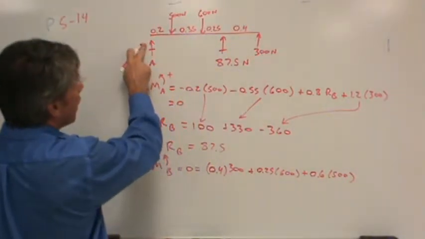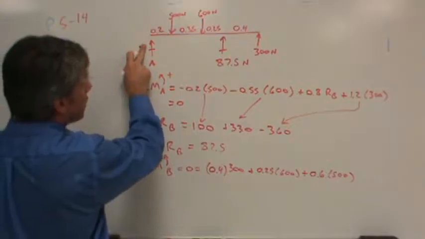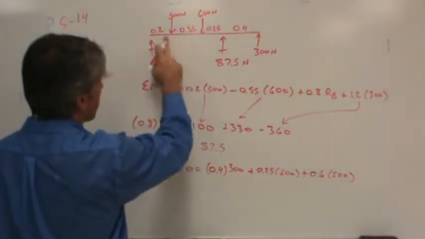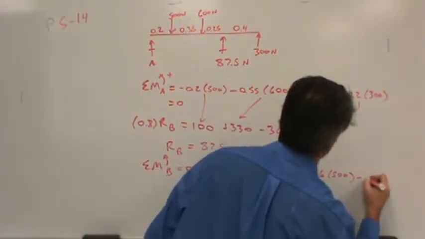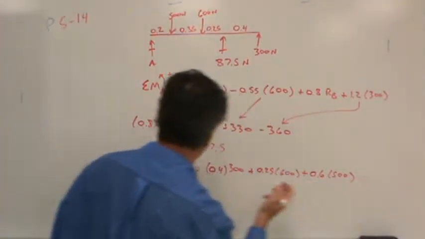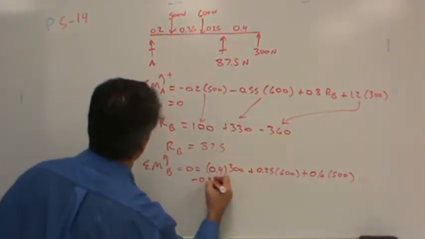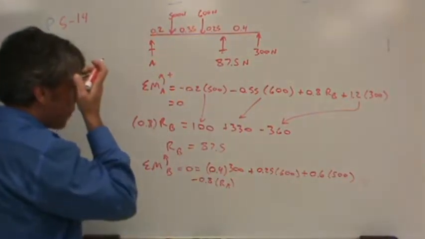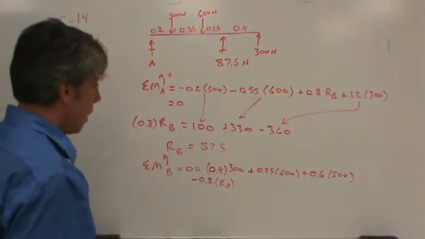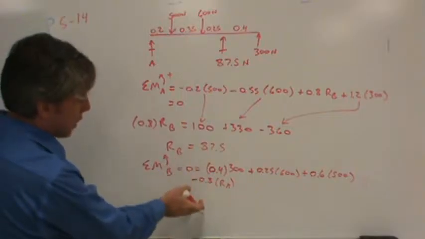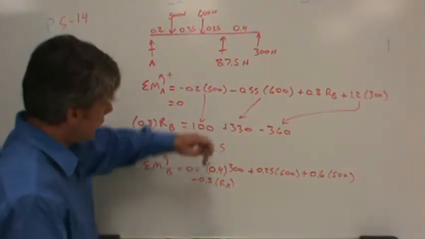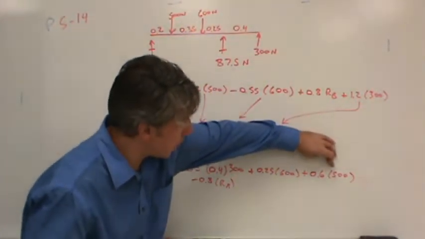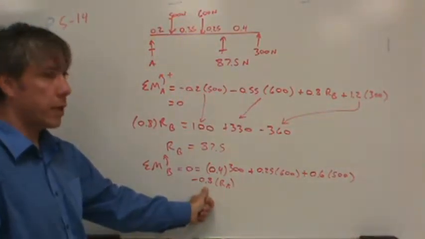And then finally, the negative moment from A is going to be what? 0.2 plus these, which is 0.8. So minus, let's put that on the next line for the sake of the video, minus 0.8 multiplied by the reaction at A. Okay? Now, rather than rearrange this, since it's getting so low, I'm going to just add all of these together and divide by 0.8.